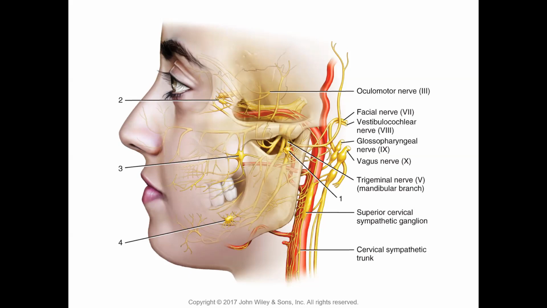But your motor fibers come down through your oculomotor nerve. Your preganglionic fibers come out through the oculomotor nerve. They will synapse in the ciliary ganglion, that's number two. The postsynaptic fibers will go to the pupillary muscles and will make the pupil contract.